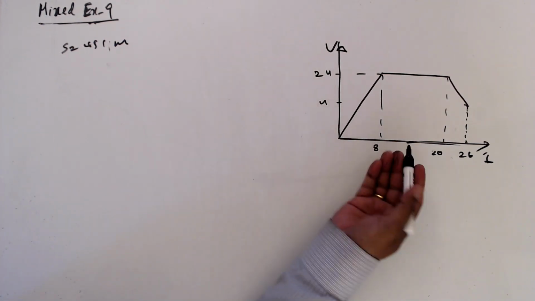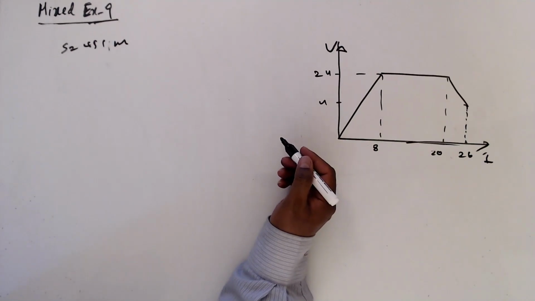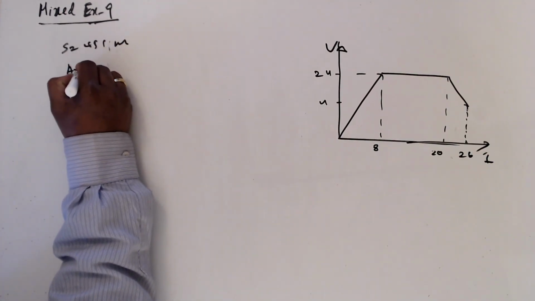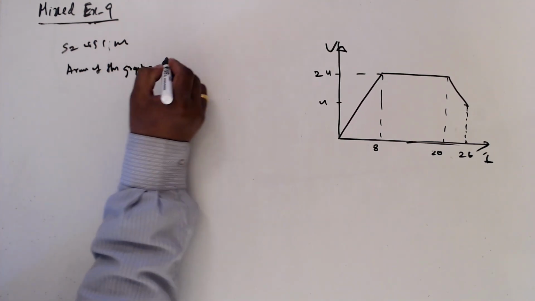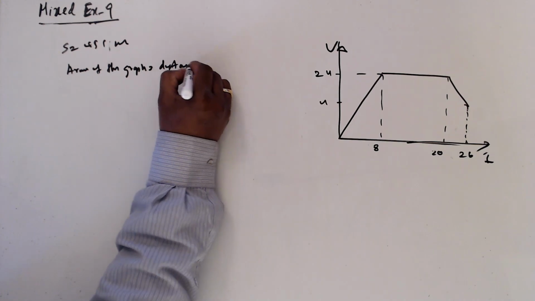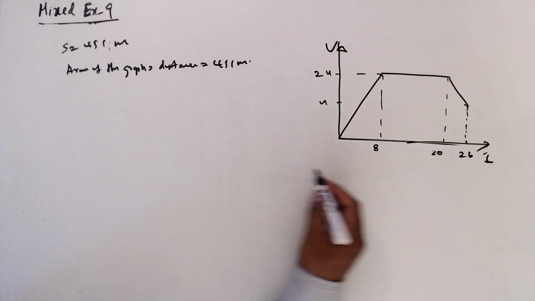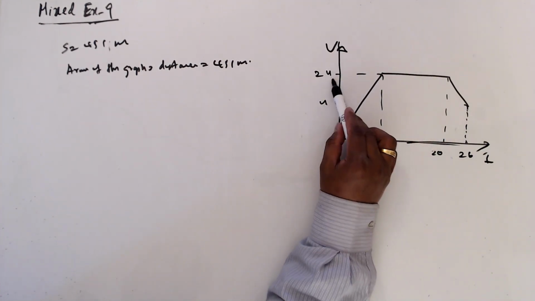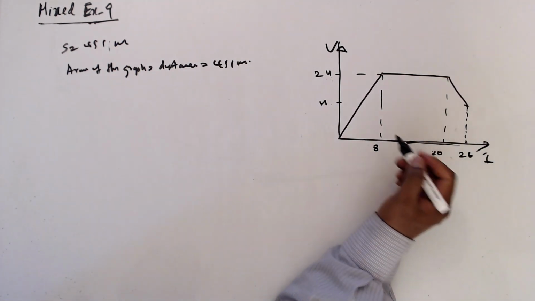So we know that the area of the graph is the distance, equal to 451 meters. So we'll find the area. Then only one unknown we have, so we can solve the equation.